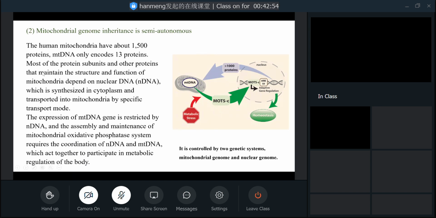So most of the protein subunits and other proteins that maintain the structure and function of the mitochondria depend on the nuclear DNA, the nDNA, and they are synthesized in the cytoplasm and transported into the mitochondria by specific transport mode.